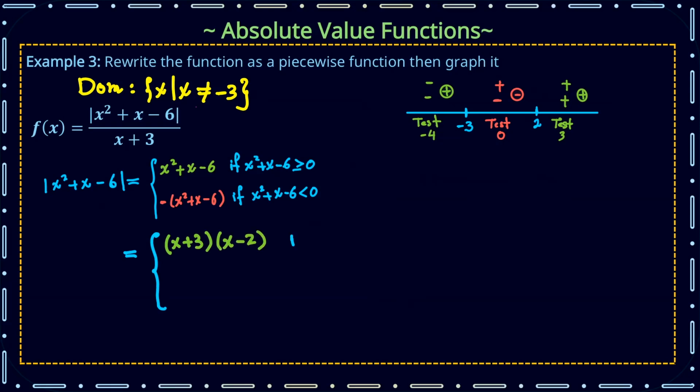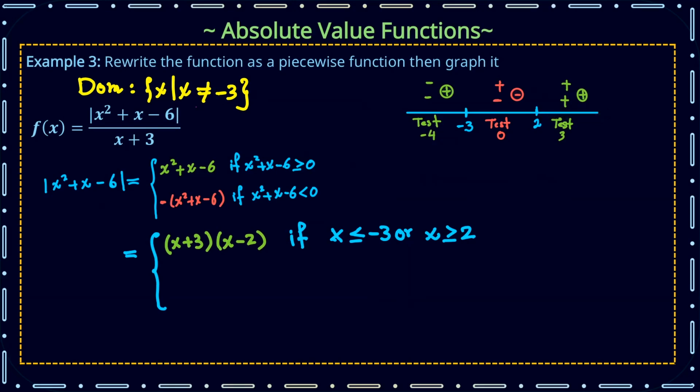And this is happening again where the expression is non-negative. That happens here and here. So it's from negative infinity to -3. I can write it as x less than or equal to -3, or x greater or equal than 2, which is this interval.